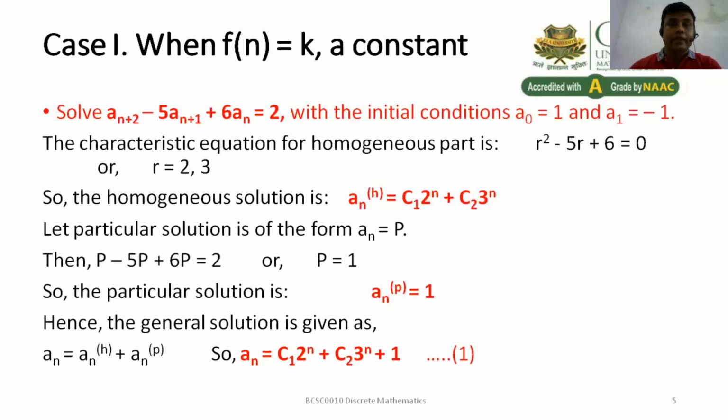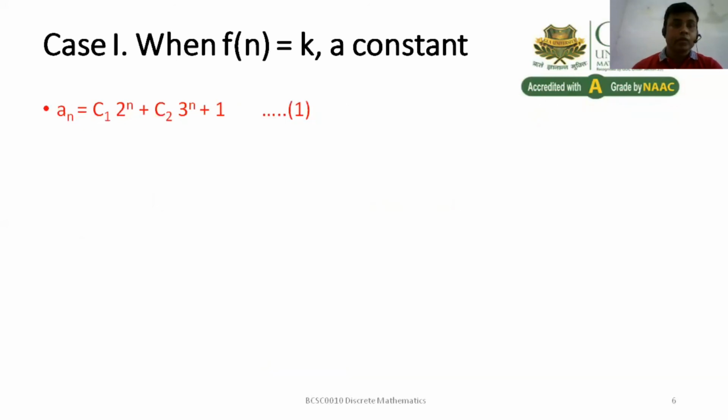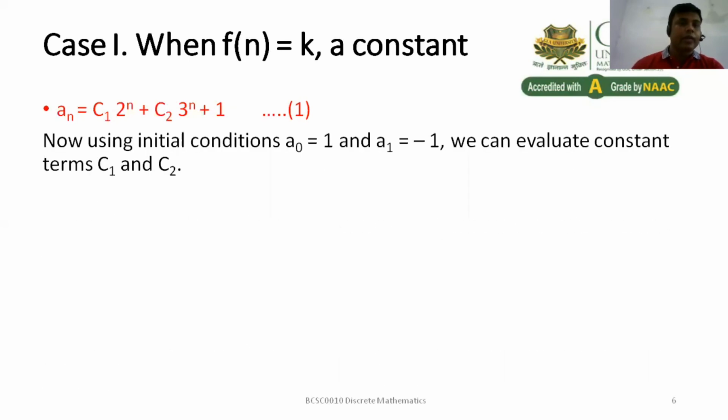Now since we have been given some initial conditions also, by the help of these initial conditions we can obtain the values of the constants c1 and c2 here. Okay, so here this is the solution that we have obtained. Now we can put a0 equals to 1 and a1 equals to -1.